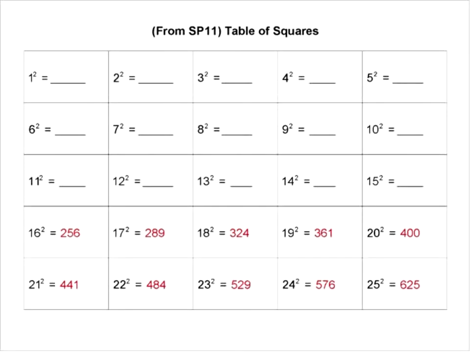This page is actually not filled out in the student pages. This is SP11 in the week 21 student packet. I've just filled out the last two rows there for time efficiency. The purpose of this is for students to have a quick reference when they're working on finding square roots throughout the lesson.